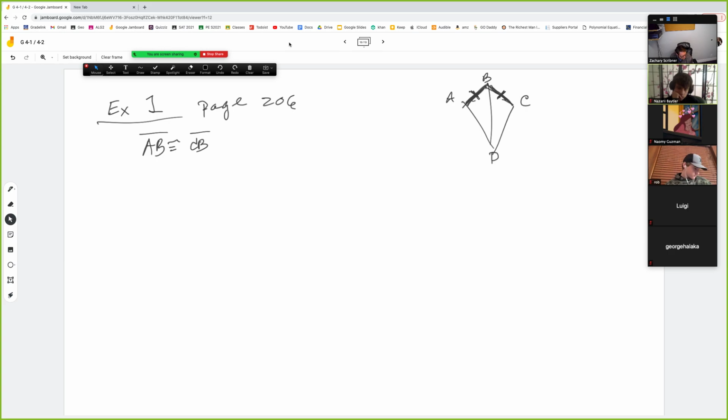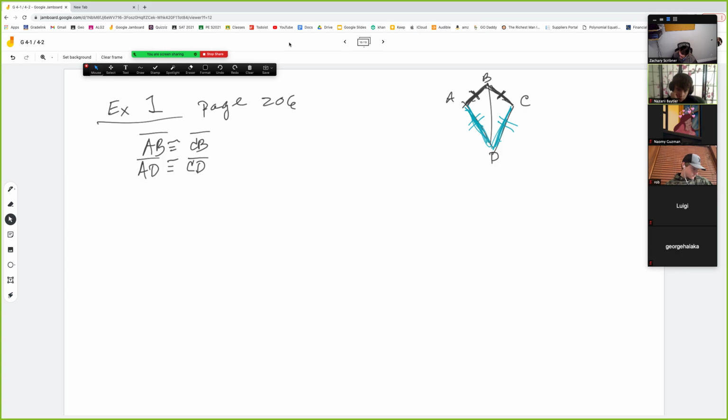And then they say AD is congruent to CD. Guys, this is very similar to what we already did.